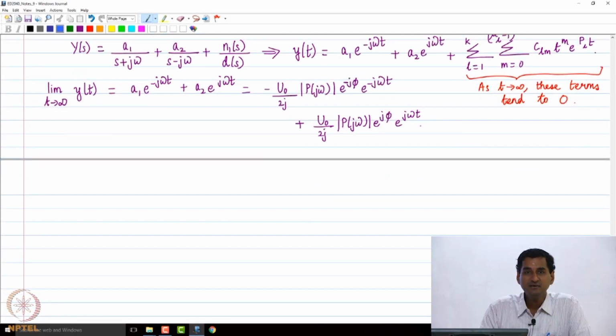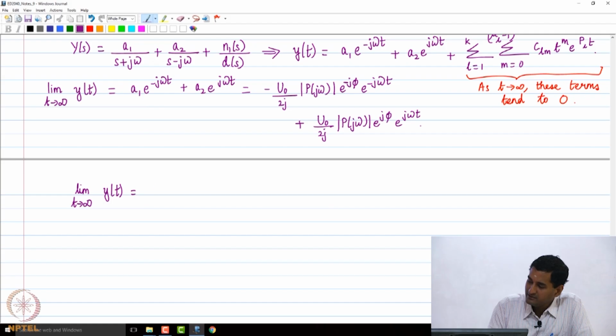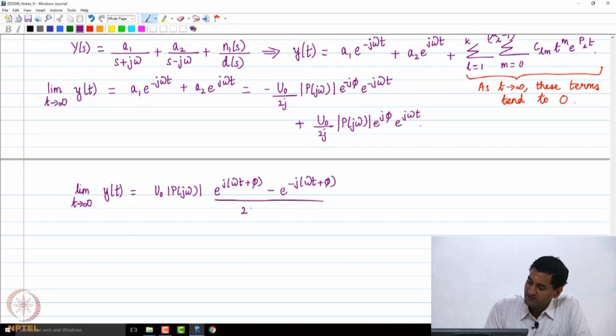And now what is e^a times e^b? e^(a+b), right. So what are we going to get? As a result, the limit as t tends to infinity of y(t) is going to be: u0 is common, magnitude of P(jω) is common. So what am I left with? I am left with e^(j(ωt+φ)) minus e^(-j(ωt+φ)), the whole thing divided by 2j.